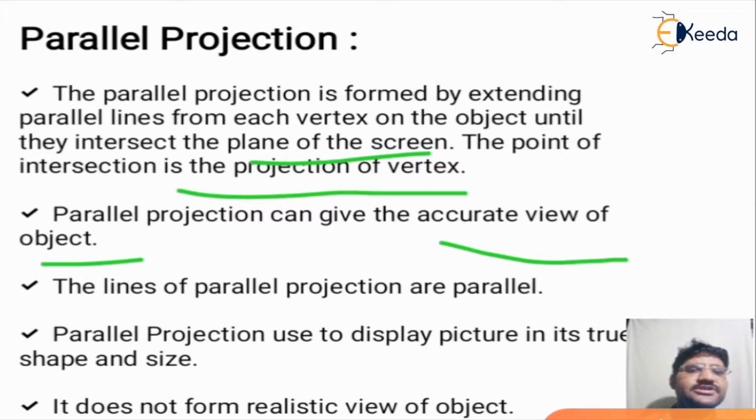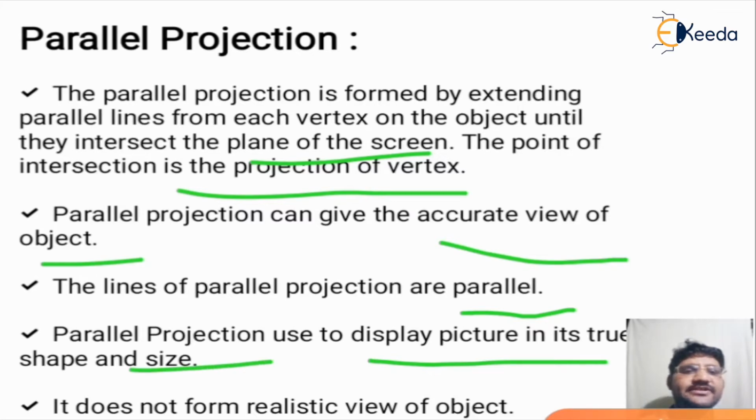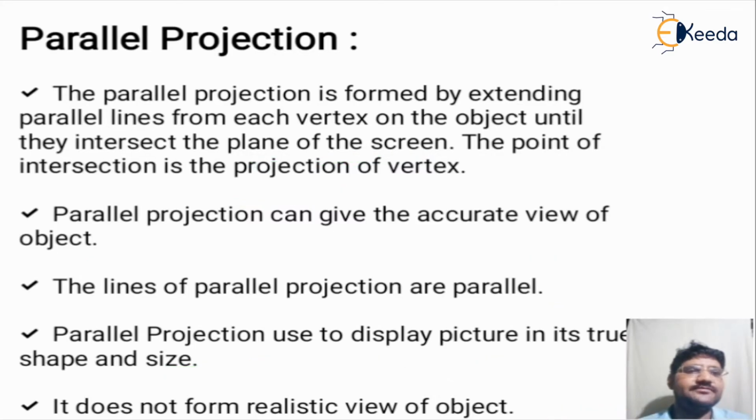In parallel projection, the projection lines are parallel to each other, and by parallel projection we can display a picture in its true shape and size. But by parallel projection we cannot form a realistic view of the object.